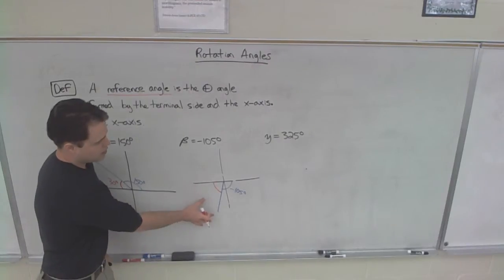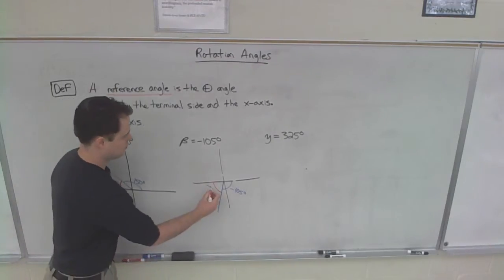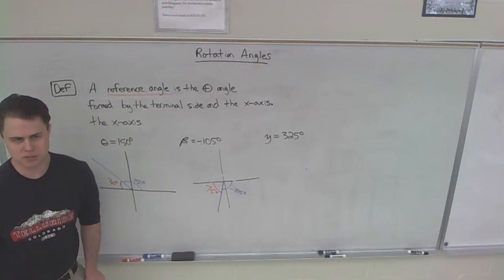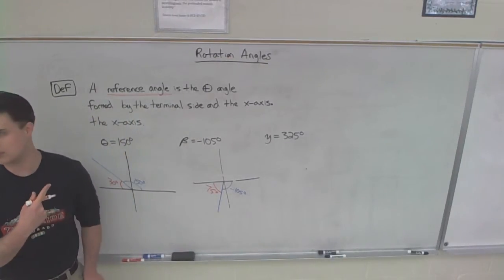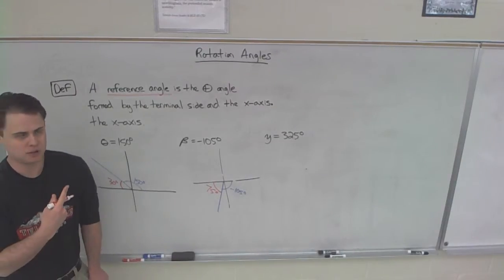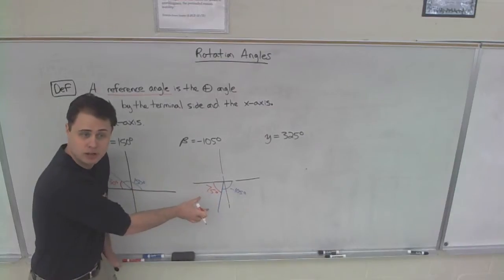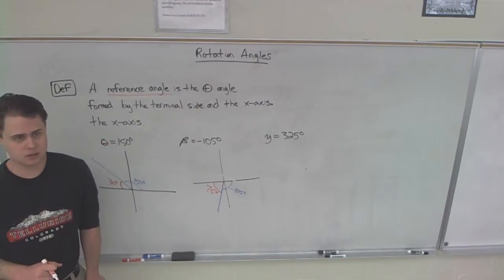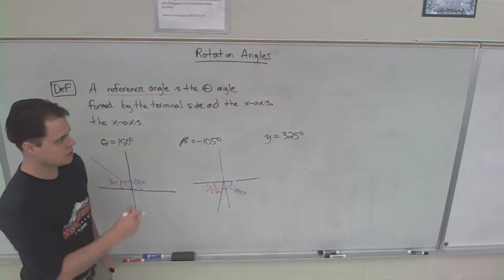The difference between 180 and 105 is 75. Now, I know you guys are asking yourselves, is this negative or positive 75? What's the definition say? It says positive. Reference angles are always positive. They're just the amount of space, in absolute value, you might say, between where your terminal side is and the x-axis. Okay? That's it.